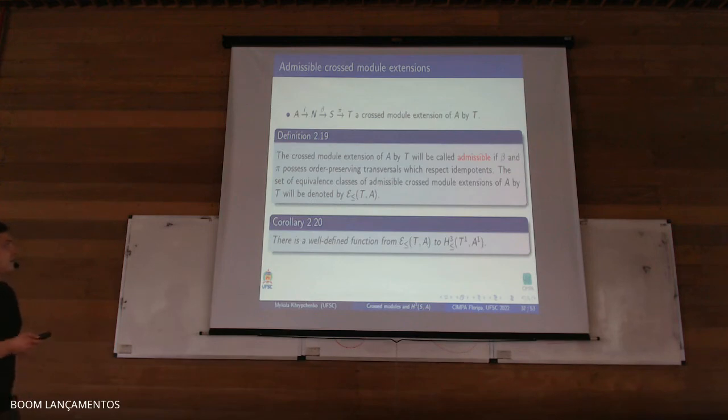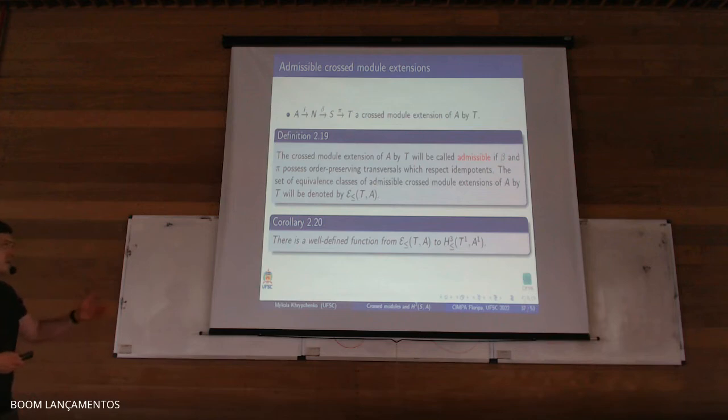Now I call an extension admissible if those two maps in my exact sequence possess order-preserving transversals, which as well respect idempotents. And I will denote the equivalence classes of such extensions this way.